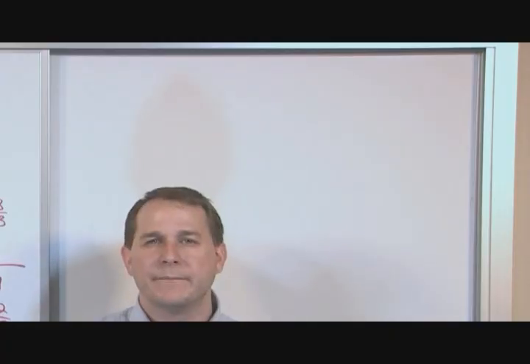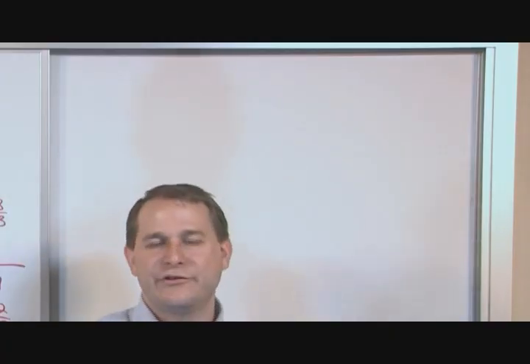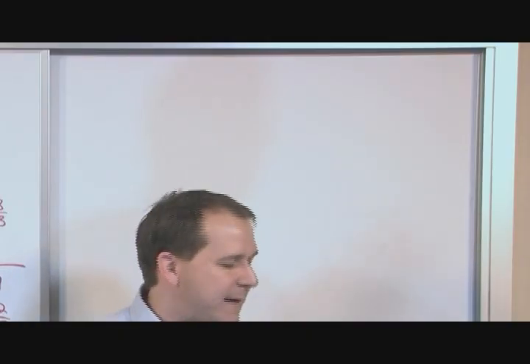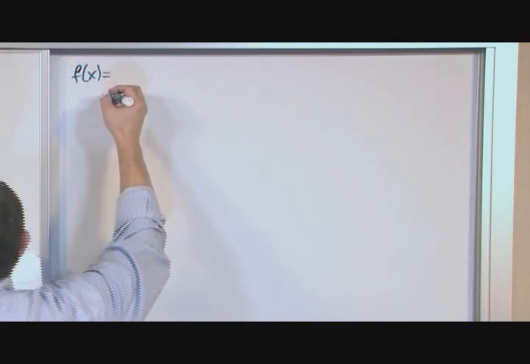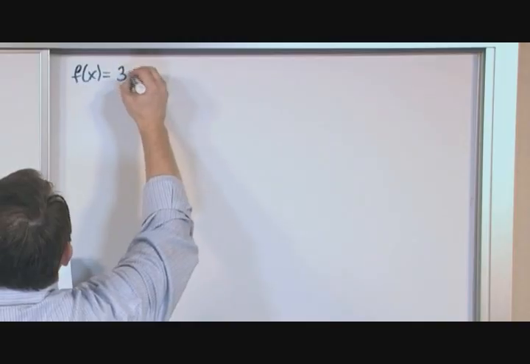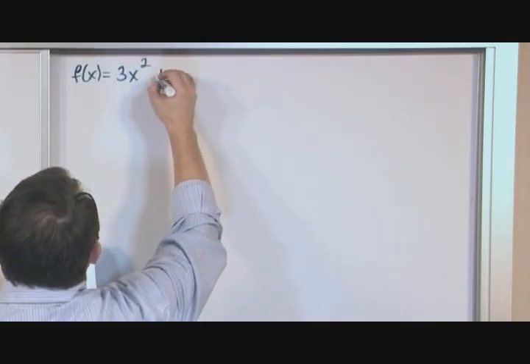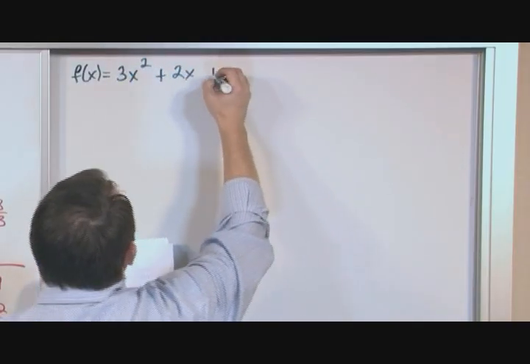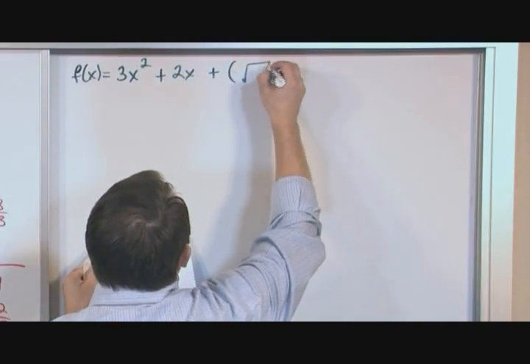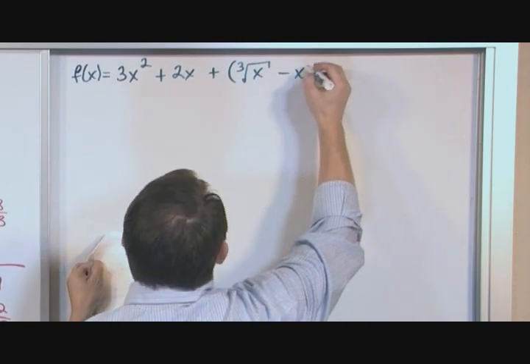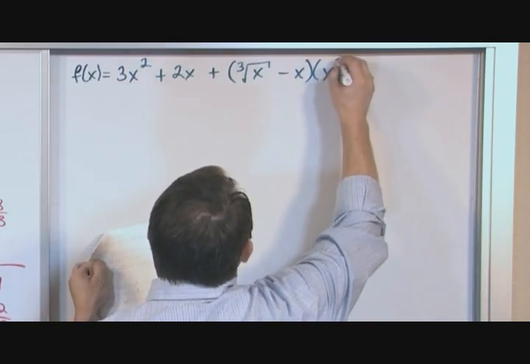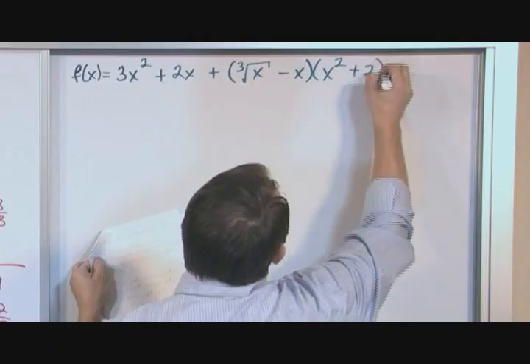So we have one more. I just wanted to give you one grand finale just to show you how to bang through a complicated one like you might see on your test. It's not that bad though, because we were doing exactly the same stuff. What if we had f of x is equal to 3x squared plus 2x plus cubed root of x minus x, multiplied by x squared plus 2.